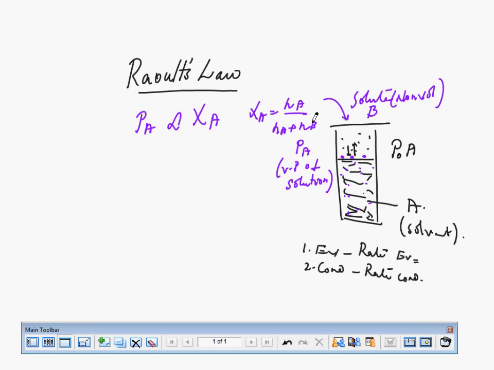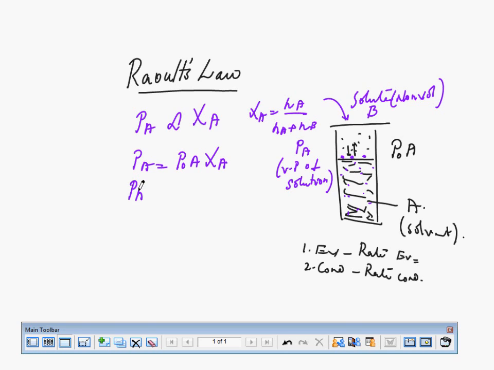Similarly, mole fraction of solute is equal to number of moles of solute divided by total number of moles. And so what Raoult found out is, vapor pressure of the solution is directly proportional to mole fraction of the solvent, XA. Therefore, P of A is equal to a constant which is found to be P0A into XA.